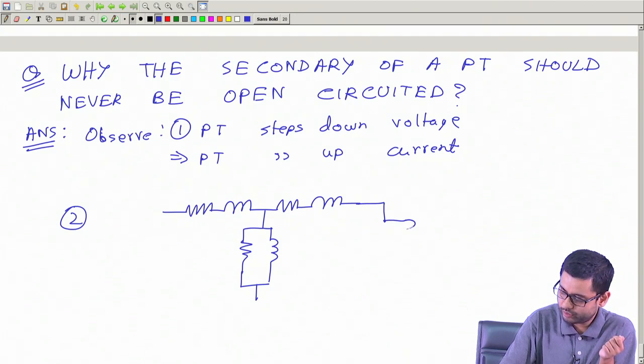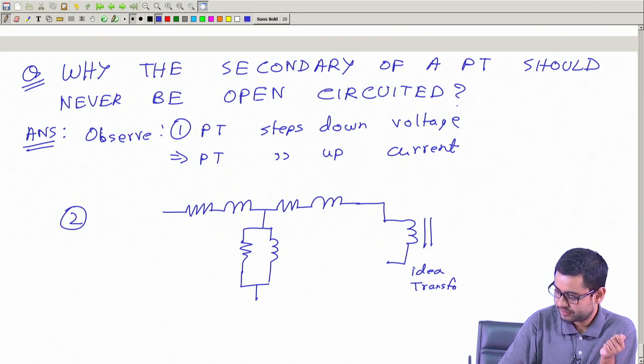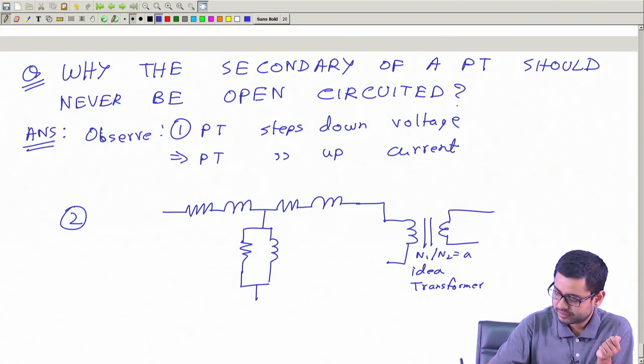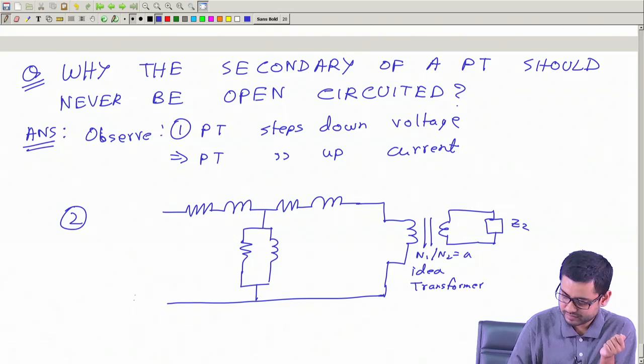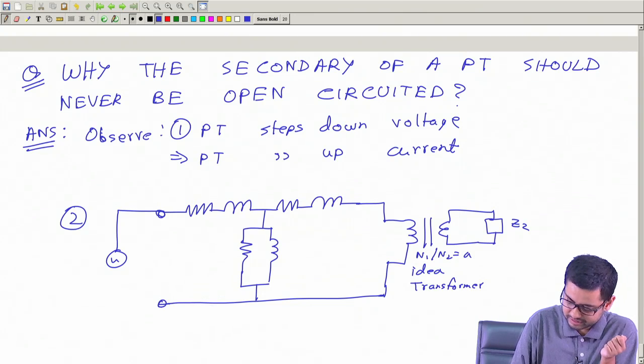Then here we have the ideal one, with N1 by N2 equal to A. And if I call this impedance Z2, and here we have the voltage source V1 that we are measuring.